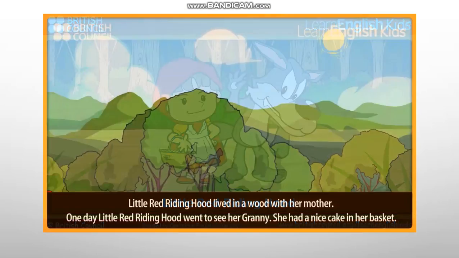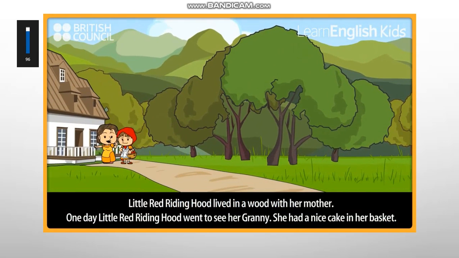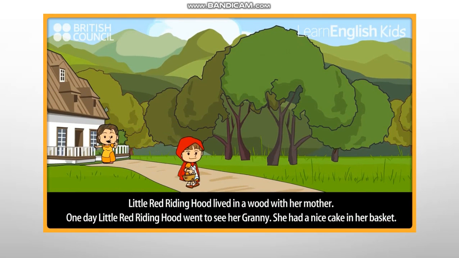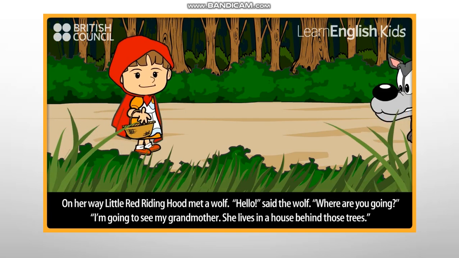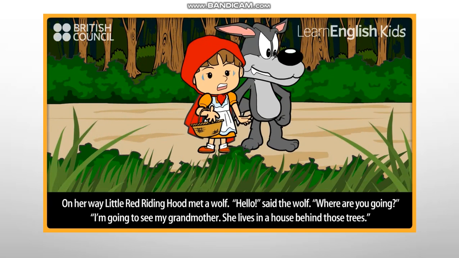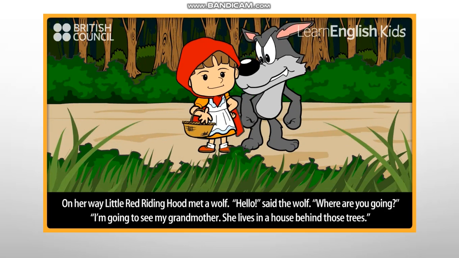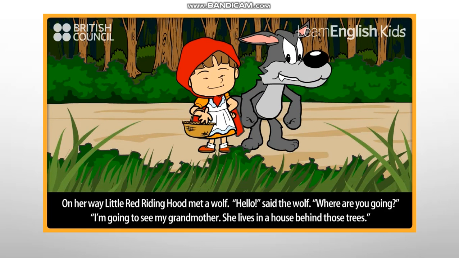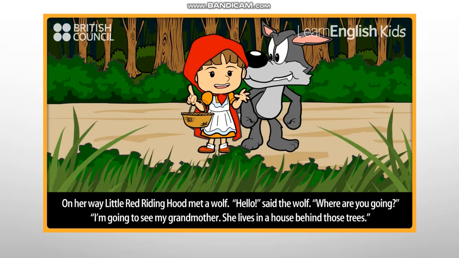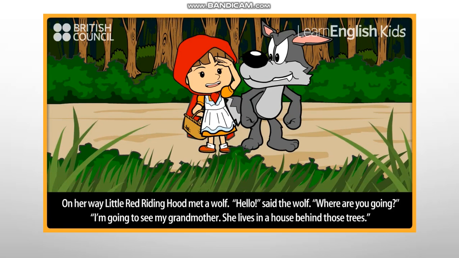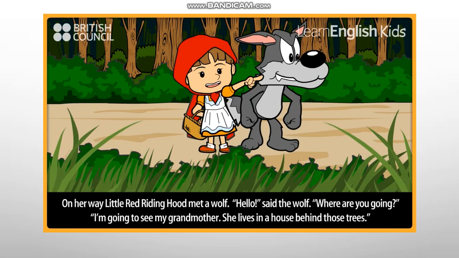Little Red Riding Hood lived in a wood with her mother. One day, Little Red Riding Hood went to see her granny. She had a nice cake in her basket. On her way, Little Red Riding Hood met a wolf. "Hello," said the wolf. "Where are you going?" "I'm going to see my grandmother. She lives in a house behind those trees."